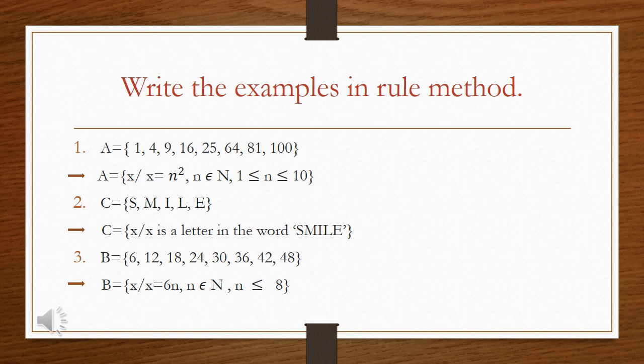Now note that here n is a natural number and also n is less than or equal to 8. That means small n takes the values 1, 2, 3, 4, 5, 6, 7 and 8. Because if we take the value of n as 8, then we get x equal to 6 into 8, that means x equal to 48. That's why we have to write n is less than or equal to 8. This is our required set.